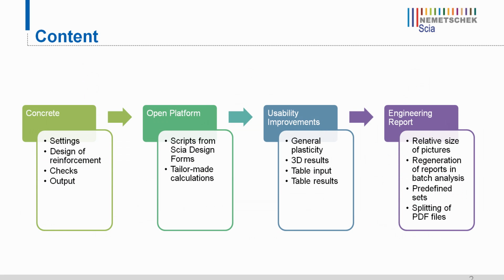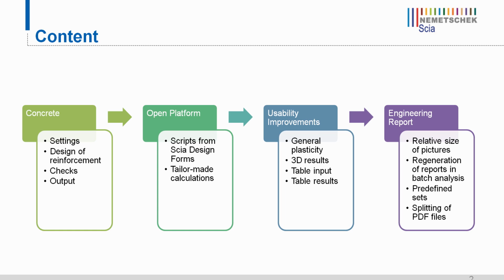First of all, I'm going to start with concrete, and I will show you the settings, how you can design a reinforcement, what are the possible checks, and how the output looks like. Then, the open platform, scripts that are taken from Scia design forms, and how you can make tailor-made calculations.